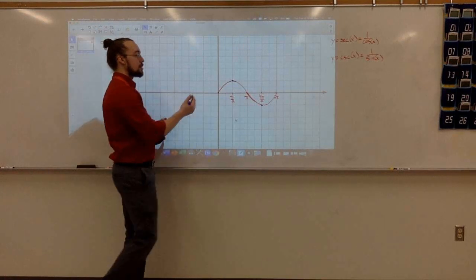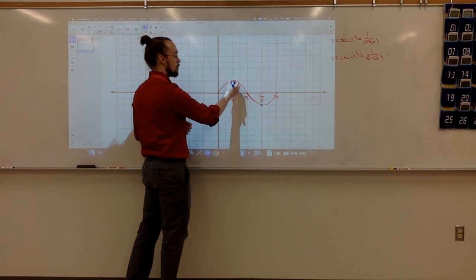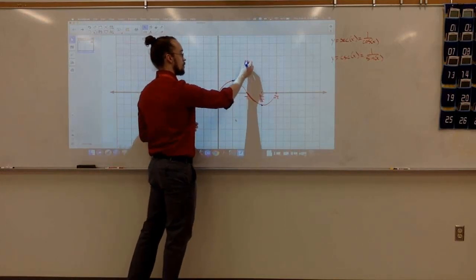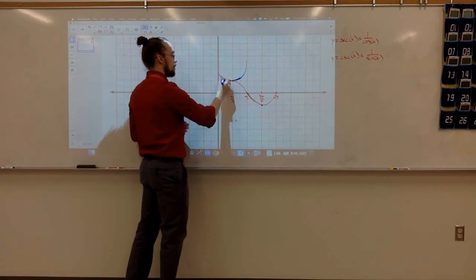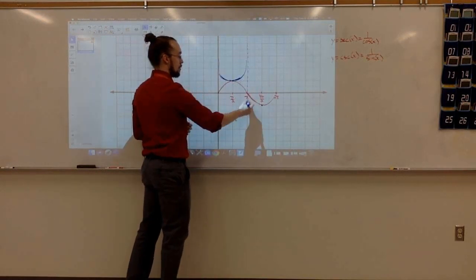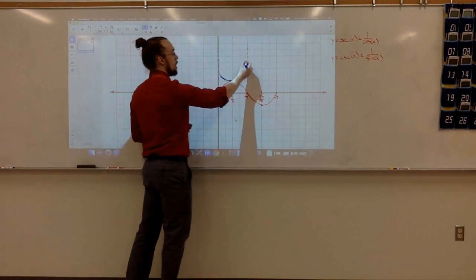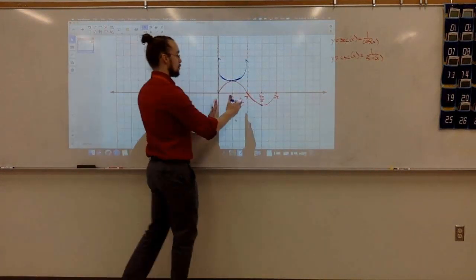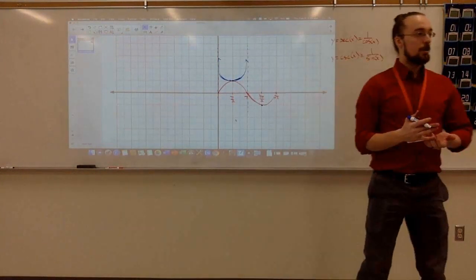What ends up happening, if I think about taking the reciprocal of these values, is this cosecant function is actually going to be a kind of mirror of the sine curve. And it's going to have asymptotes wherever the sine curve crosses the midline. Okay?